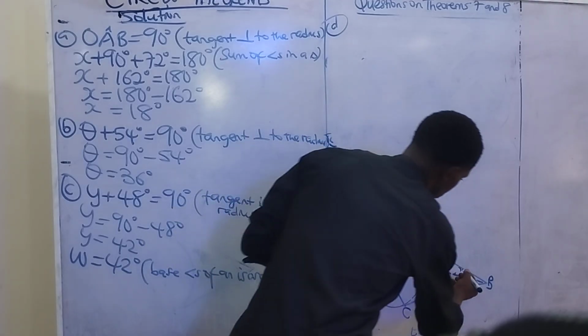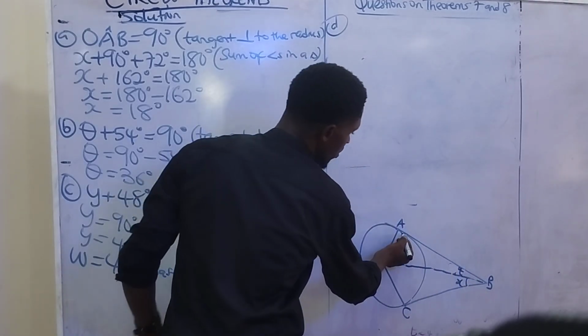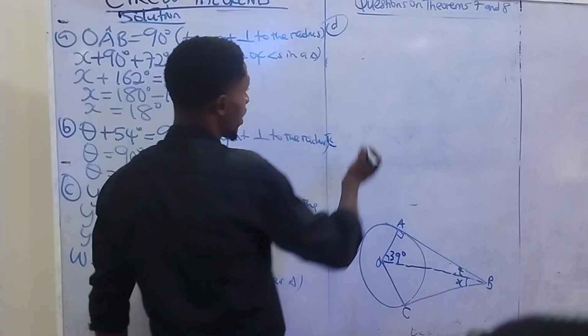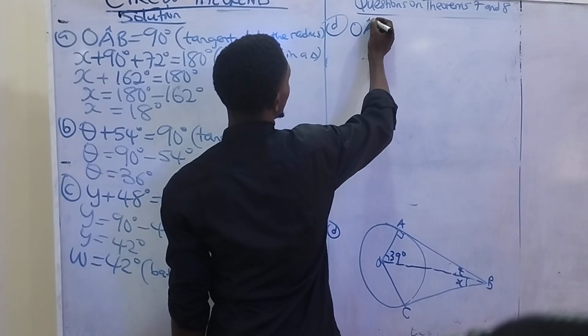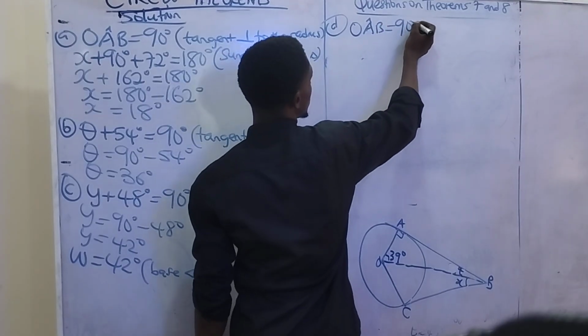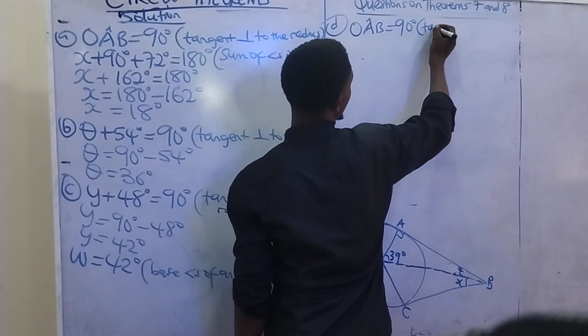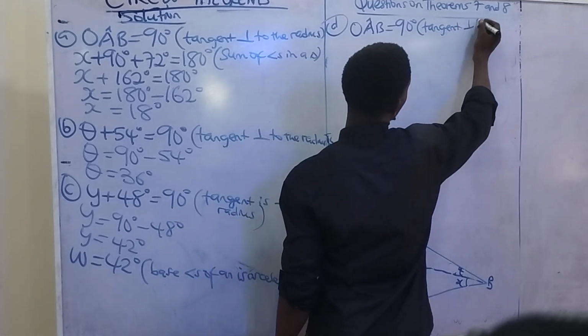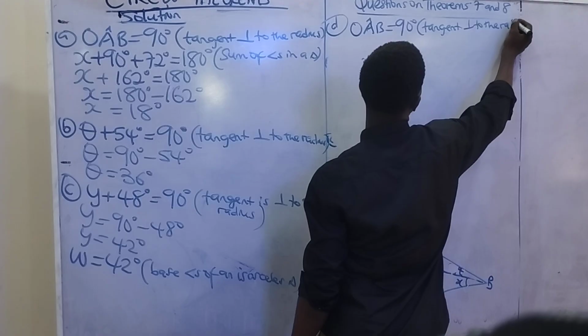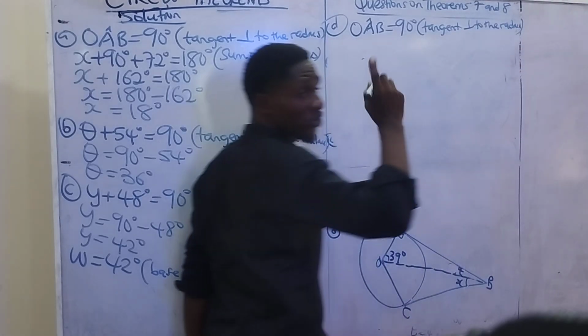So let me call this place T. So this place is 90 degrees, remember. So our angle OAB is equal to 90 degrees. So this tangent here is perpendicular to the radius at the point of contact.